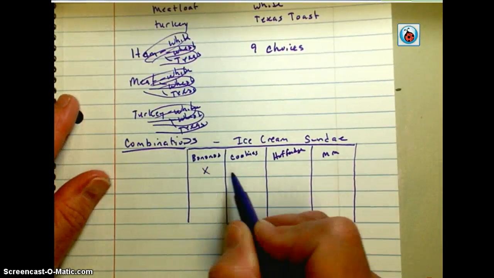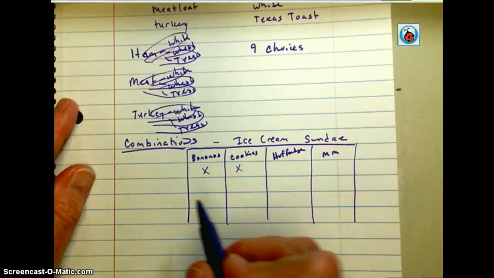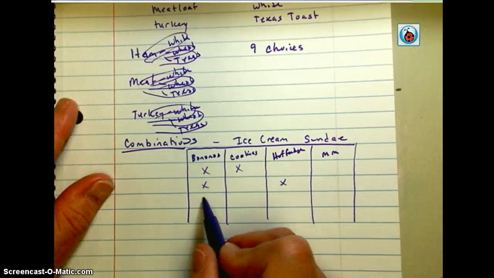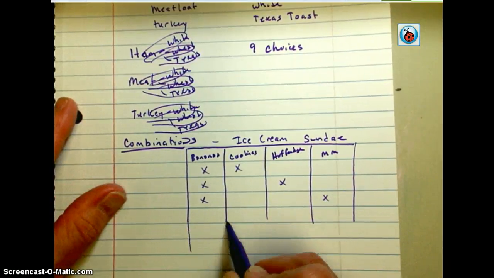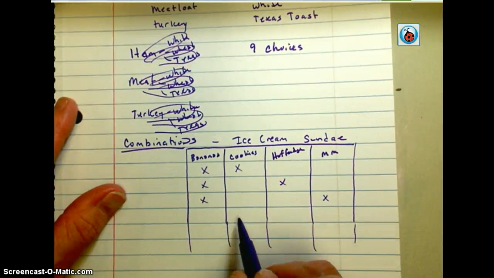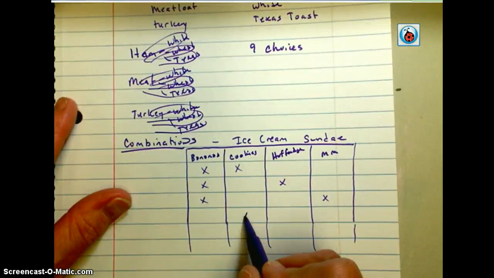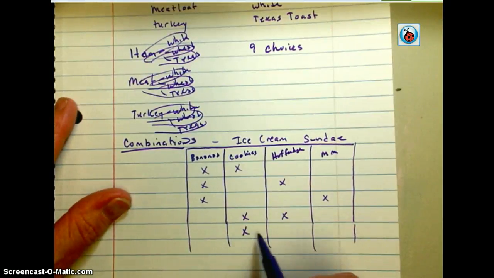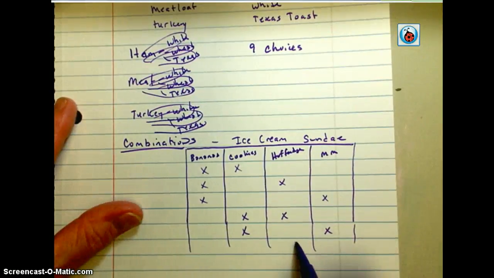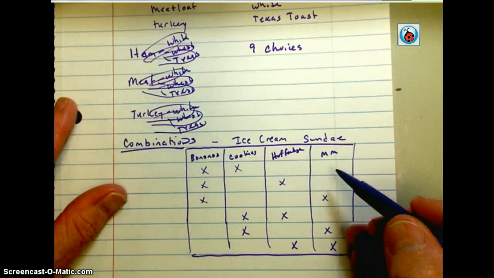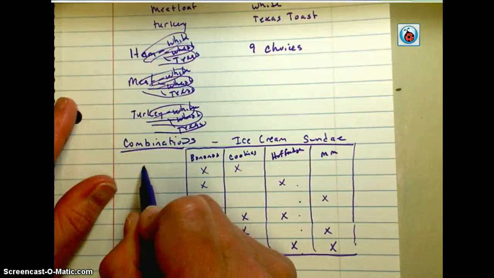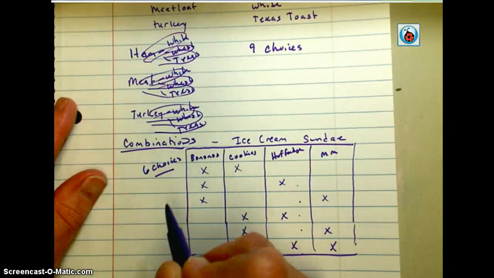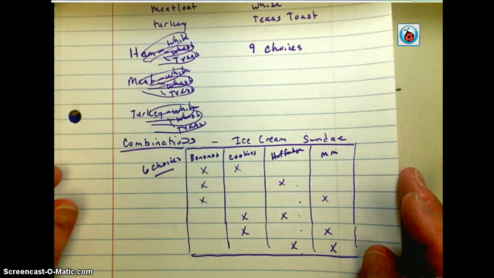You could have banana and cookie, banana and hot fudge, banana and M&M. Then, since you only get to pick 2, you could have cookies and hot fudge, cookie and M&M, and hot fudge and M&Ms. So there are 1, 2, 3, 4, 5, 6 choices. In this case, the order doesn't really matter.